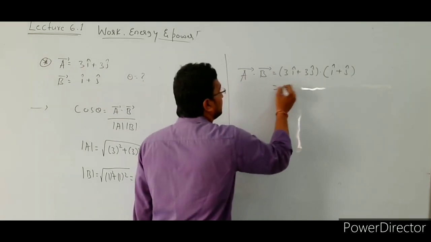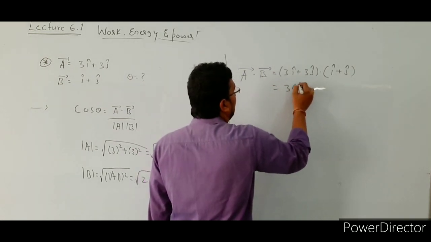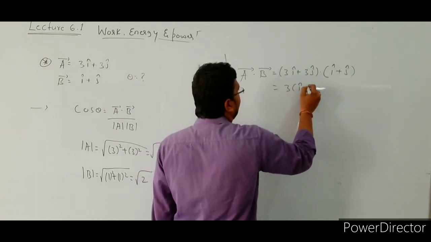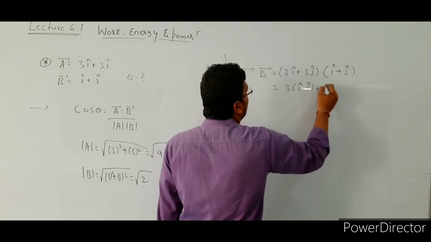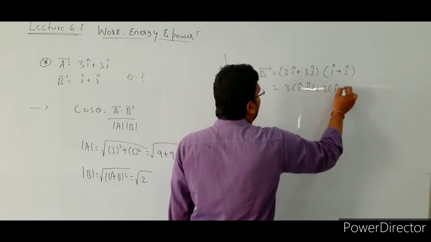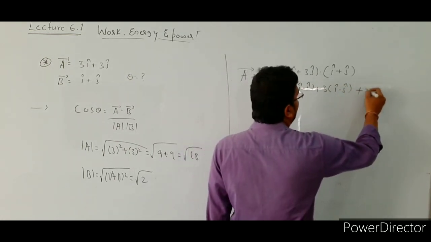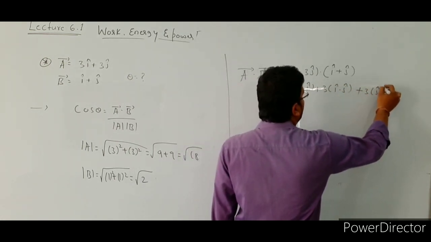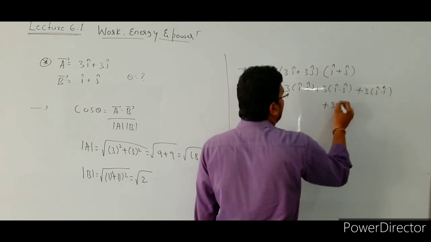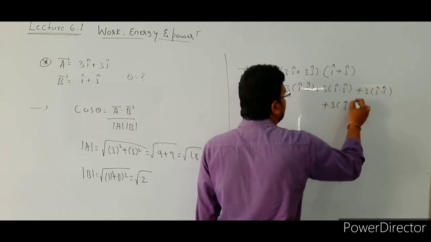Okay, see here in this case 3 into i cap dot i cap plus 3 into i cap dot j cap plus 3 into j cap dot i cap plus 3 into j cap dot j cap.